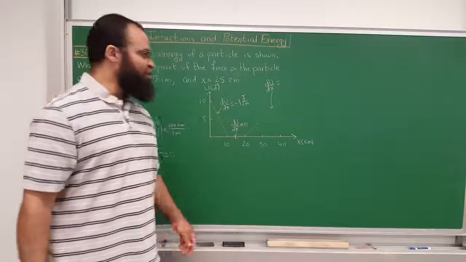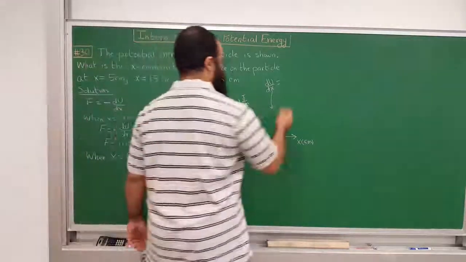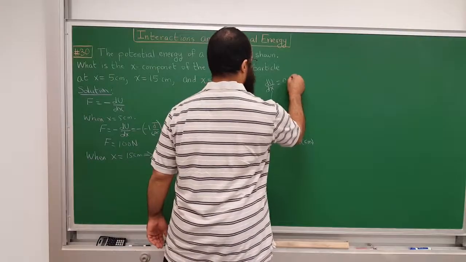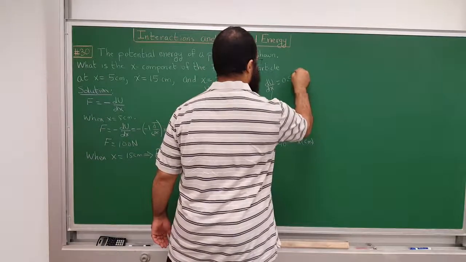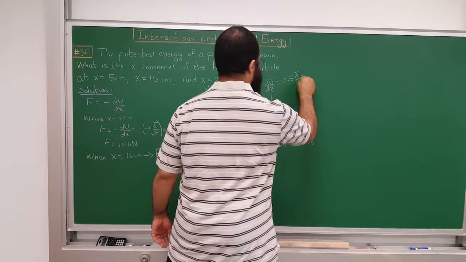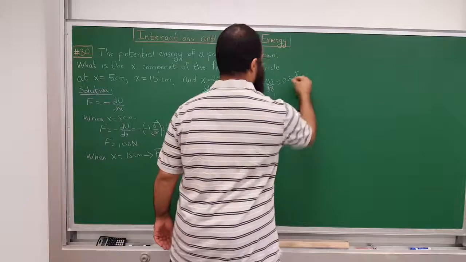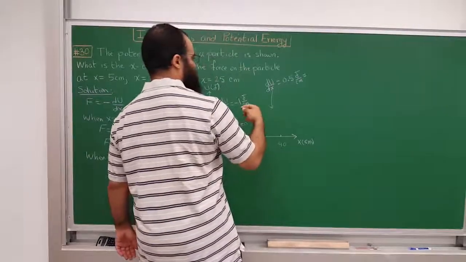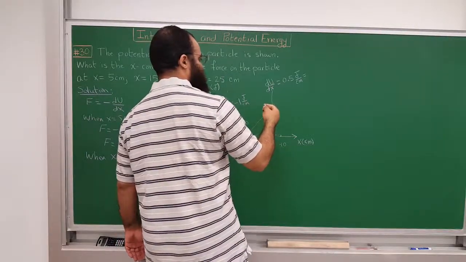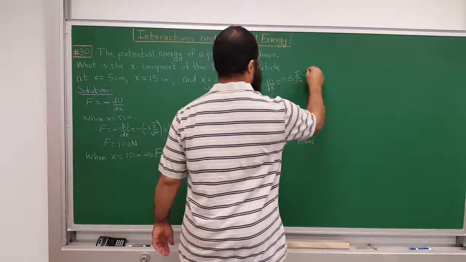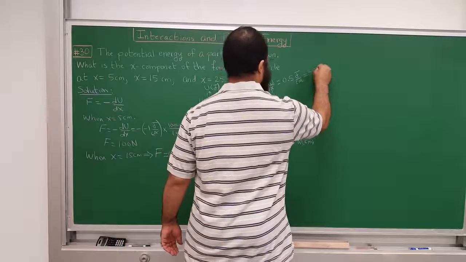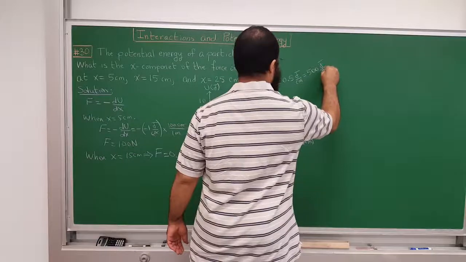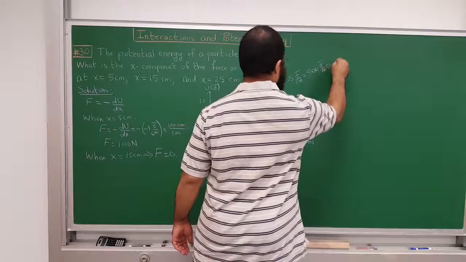So 10 over 20 is 0.5. So it's 0.5, and it's positive. 0.5 joules per centimeter. And 0.5 joule per centimeter, you change it to joules per meter, which is in Newton, will give me, you multiply by 100 basically, so 500 joules per meter, which is 500 newtons.